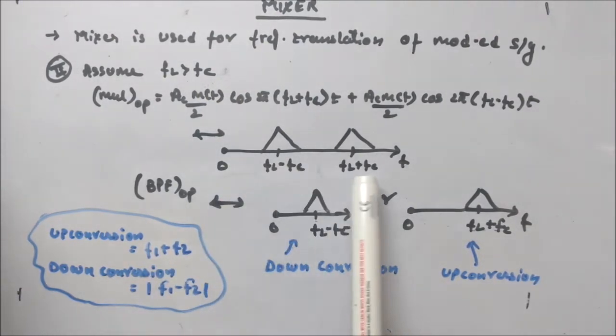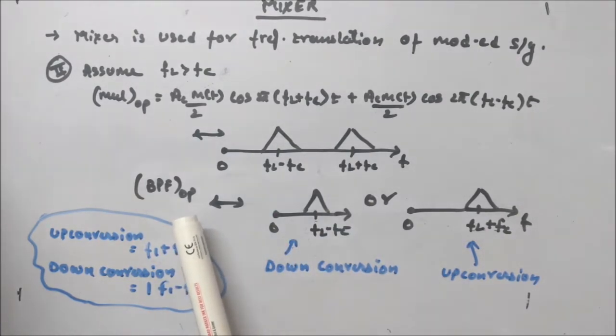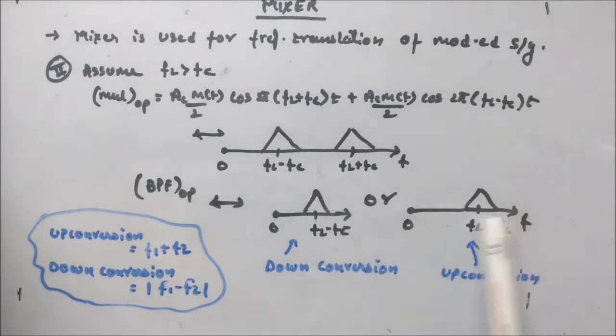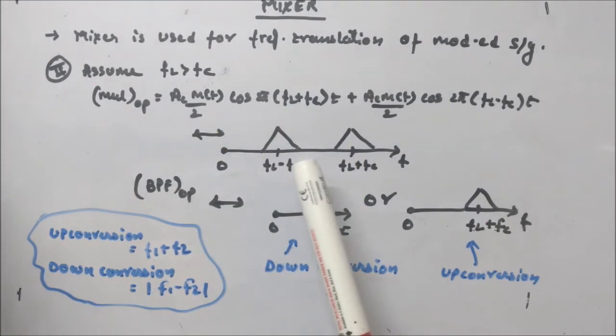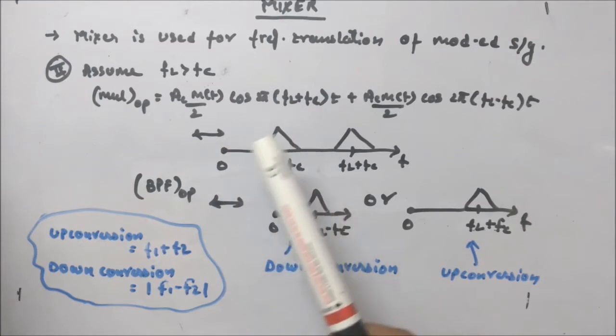So the spectrum will look like this, centered at fL plus fc and fL minus fc. The band pass filter output will be the fL minus fc term or the fL plus fc term. These are the center frequencies. Now this one is the down conversion, this one is up conversion. It is the same as what we did in the first case. It is just a matter of which frequency is greater.